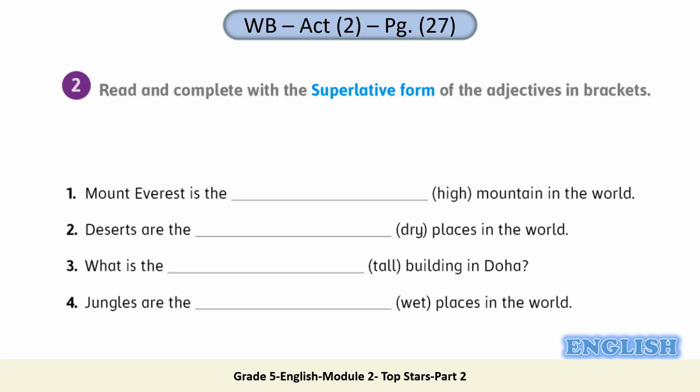So the answer is the highest. Mount Everest is the highest mountain in the world. I want you now to stop the video and answer the rest of the sentences. Now let's check your answers.